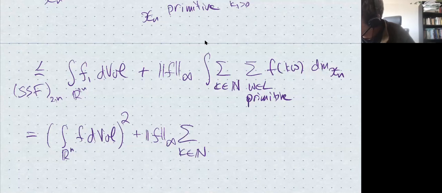So this is the integral over the space of lattices of a transform. I'll write it all out and explain.